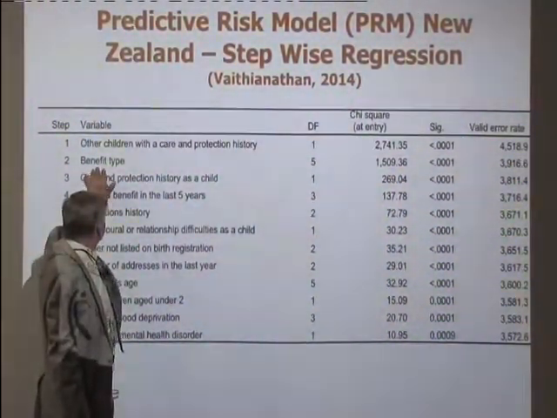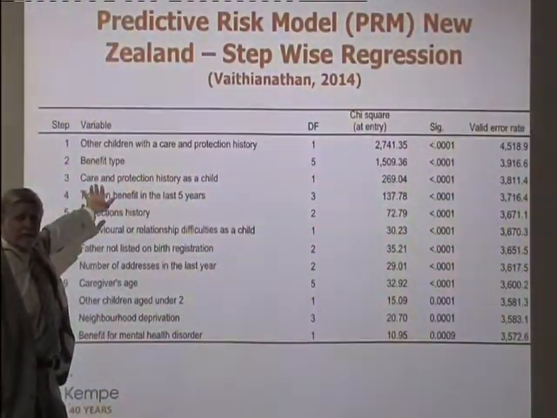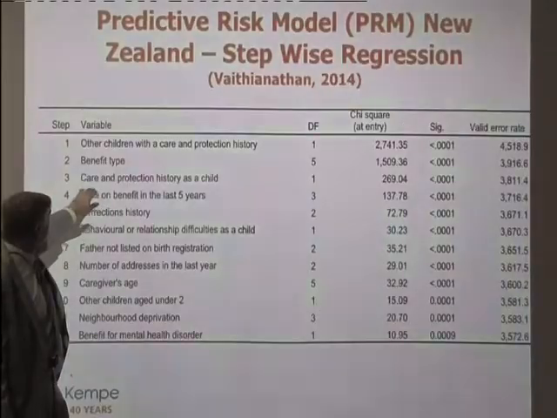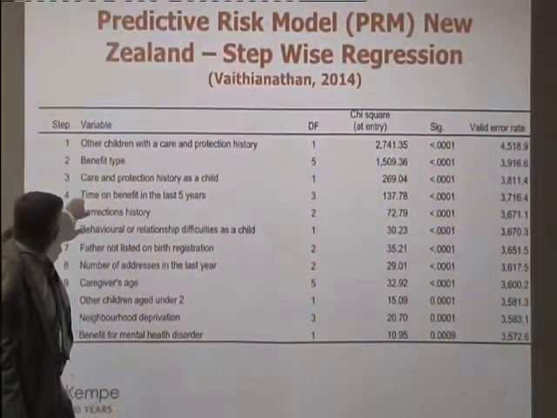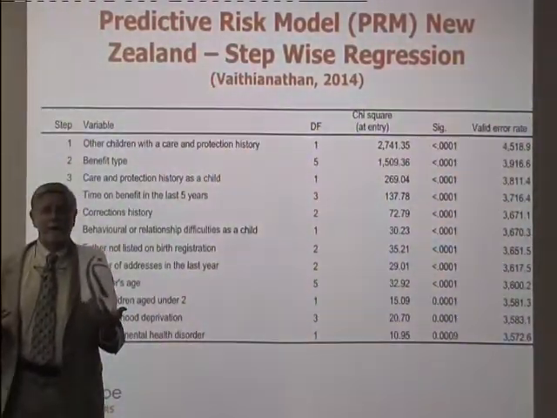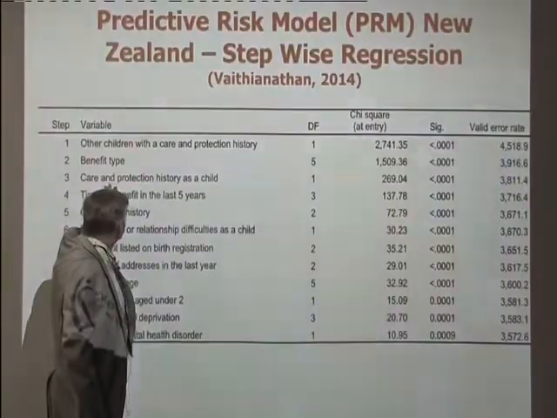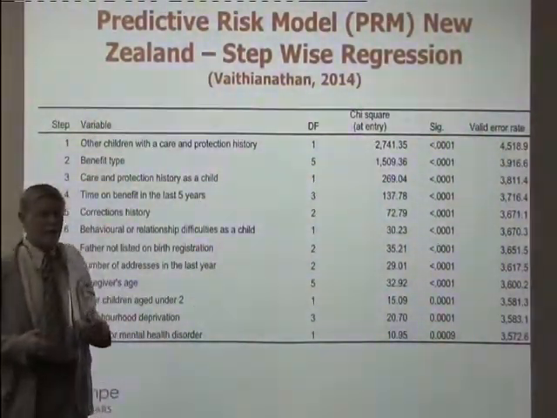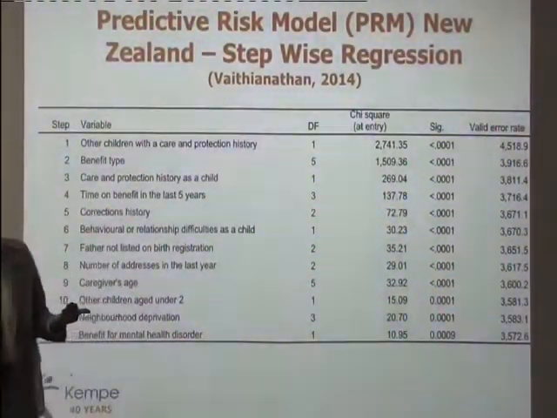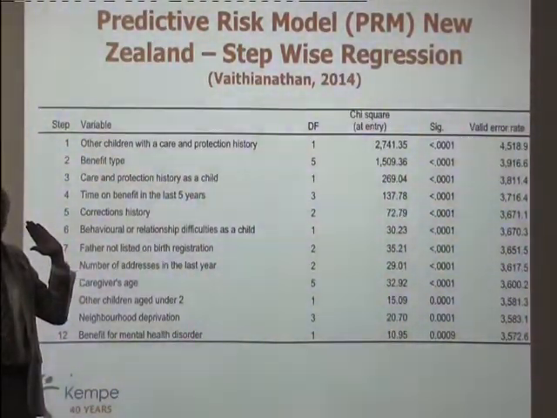Just to be clear, the benefit type would be a type of social service benefit, like a payment that a family might receive, which would come out of a general benefit payment database. Care and protection history as a child would be that caregiver's prior experience with the child welfare system.